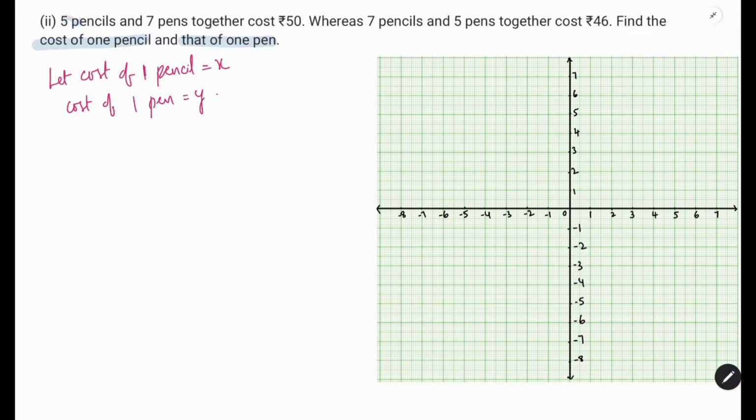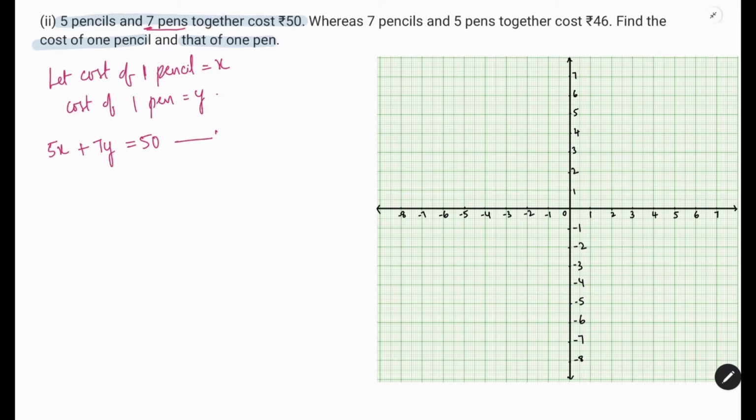Okay, what is the first condition given? 5 pencils and 7 pens. Number of pencils are 5 into cost of each pencil, x, plus number of pens are 7 and cost of each pen is y. So 5x plus 7y equal to 50.